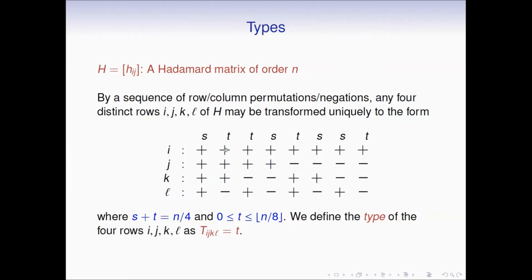The first row is completely plus 1, and the second row looks like this. The first half of the entries are plus 1, and the last half is minus 1.